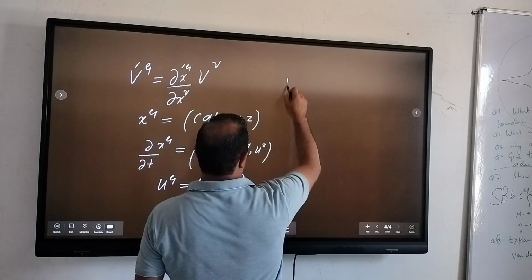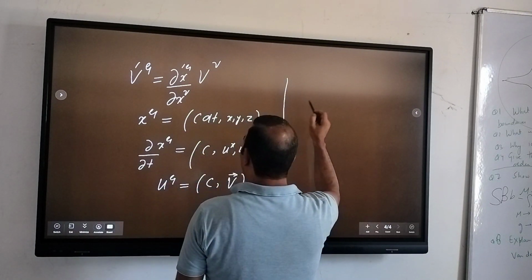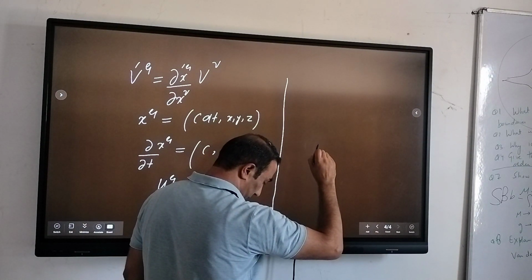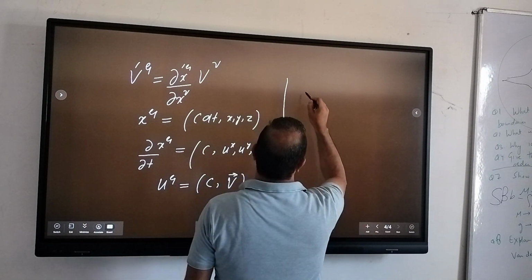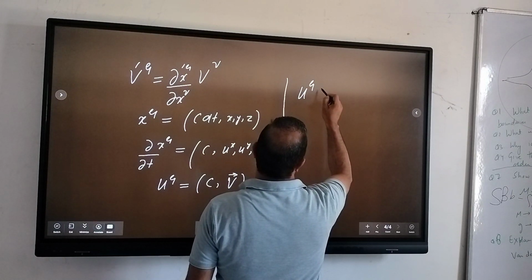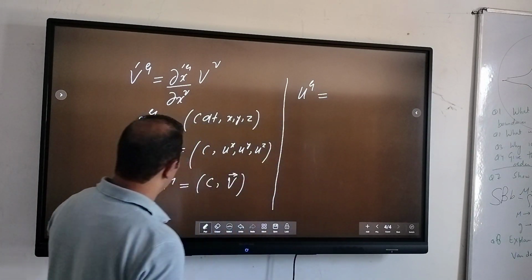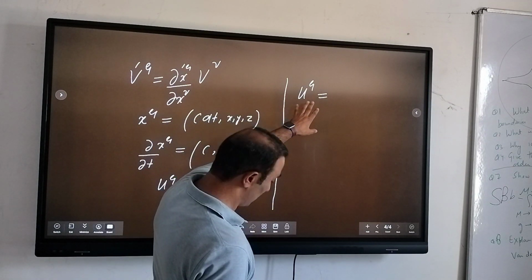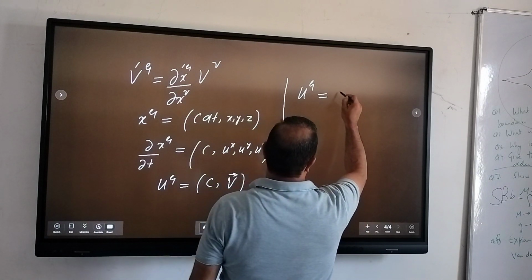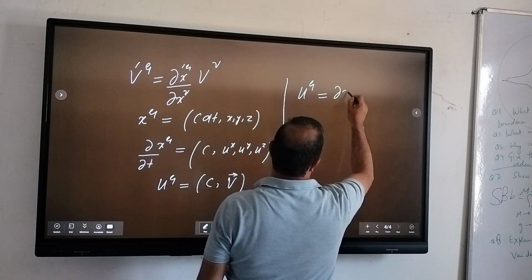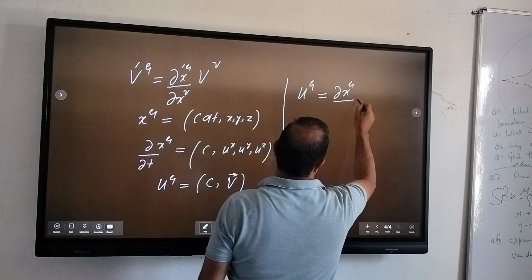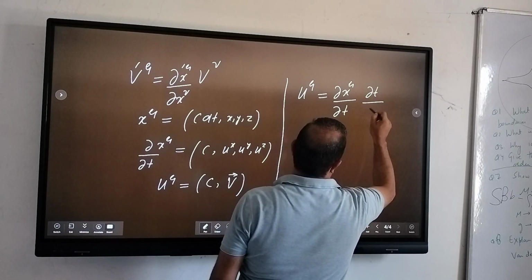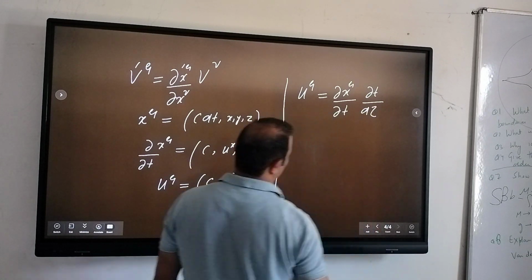So instead of that, I can define this velocity u mu, so for velocity, that's equal to partial x mu by partial tau.